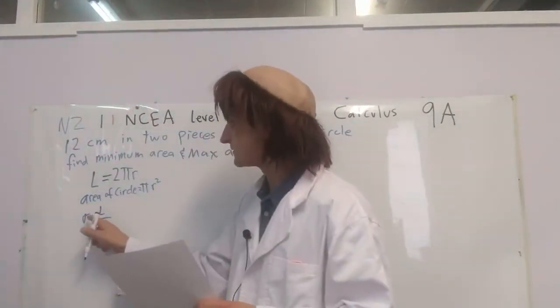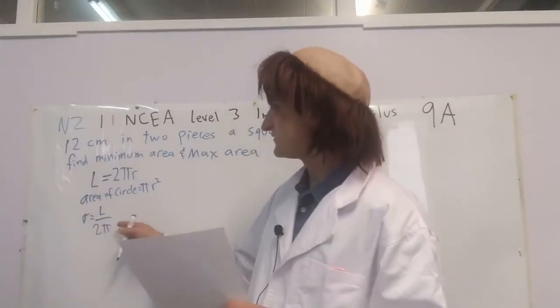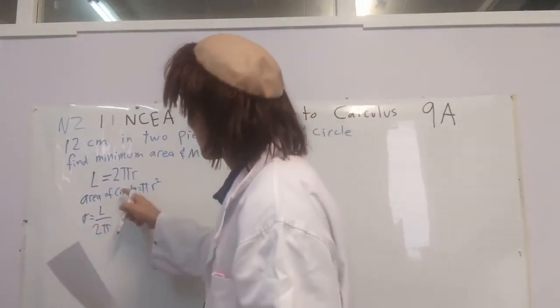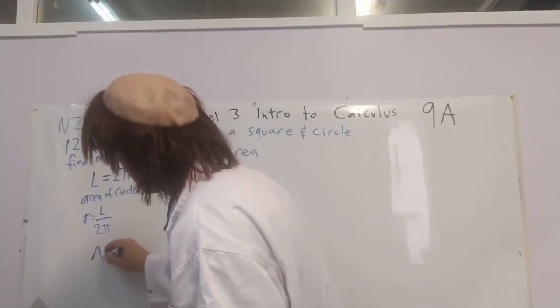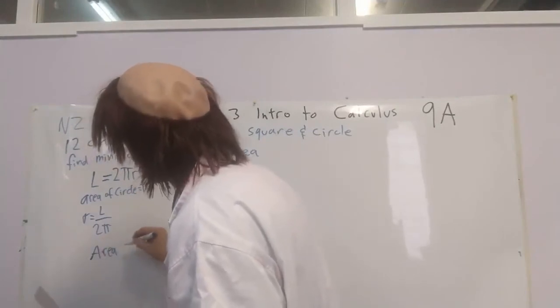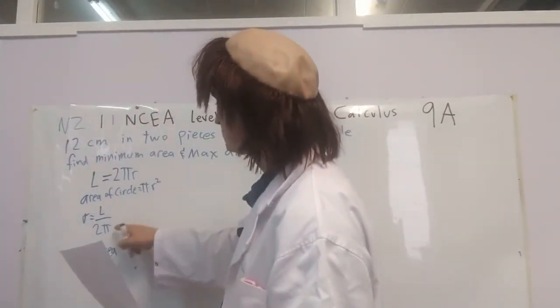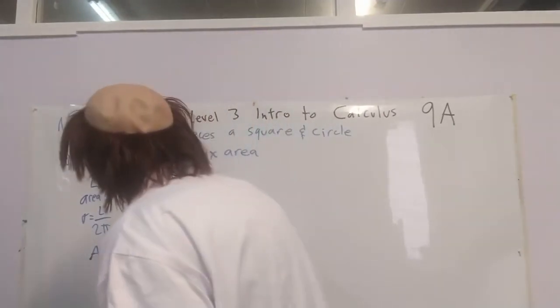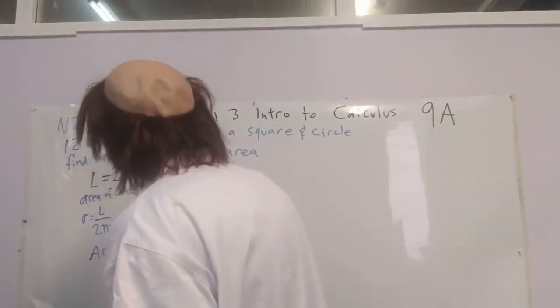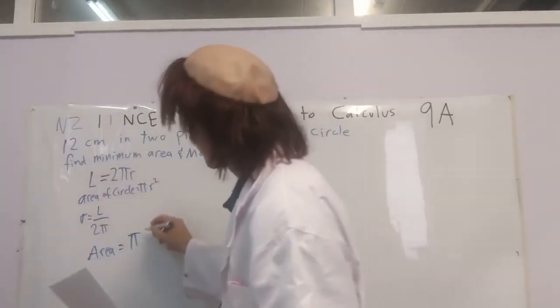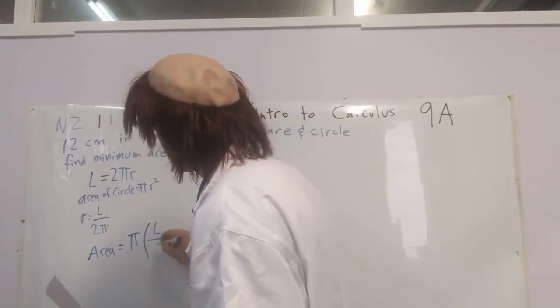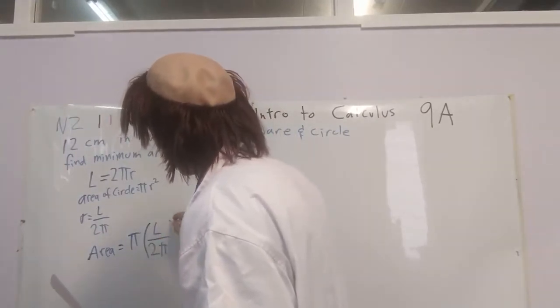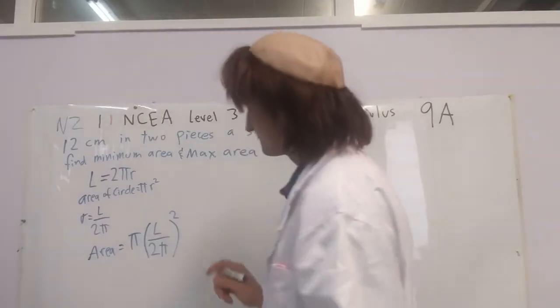So this is our r. R is L divided by 2 pi. The area of a circle is pi times this squared. So pi times L over 2 pi squared.